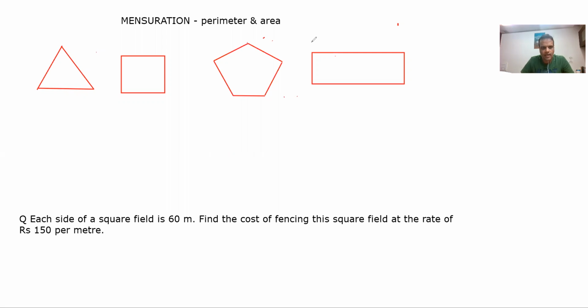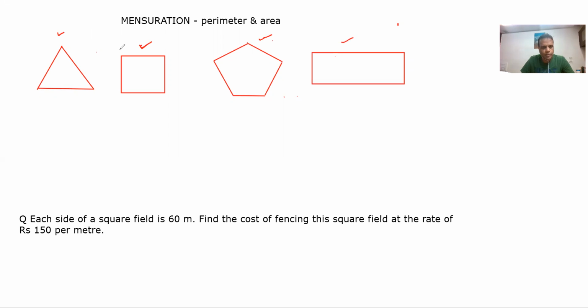We have already learned the different shapes in geometry. Now we are going to measure the sides of those triangles, squares, pentagons, rectangles, or whatever the shape may be. To give you a practical understanding of why we study mensuration, let's assume the playground in your school is in the shape of a square.